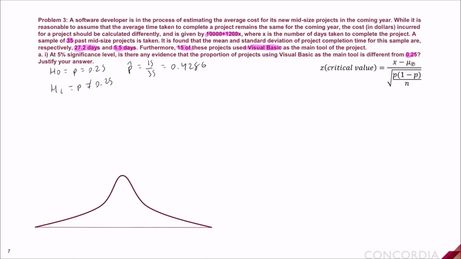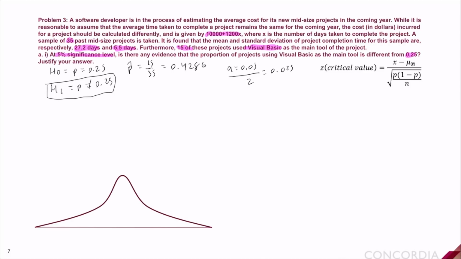Now, given that value, we would have to find the critical value based on our confidence level. Since our significance level, or alpha, is equal to 0.05, but our hypothesis H1 states that P could be either lower or above 0.25, we have to divide it by 2 to give us 0.025.